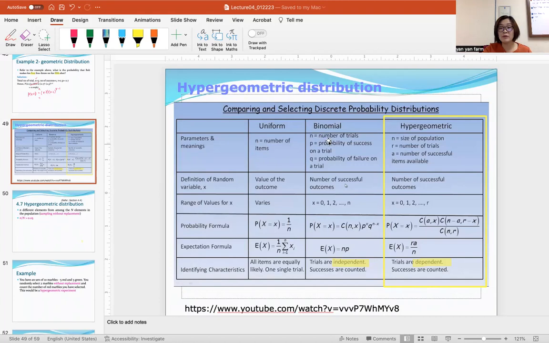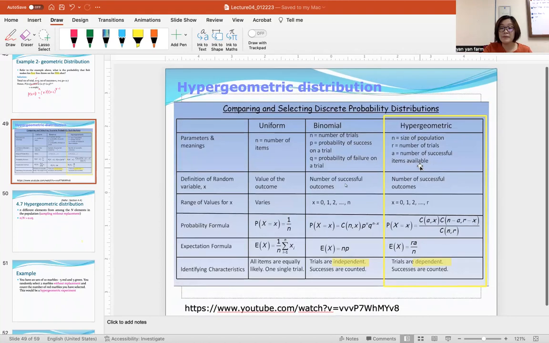If you look at the binomial, n is the number of trials, p is the probability of success, q is the probability of failure. So for hypergeometric, N is the population size, n is the number of trials, r is the number of successes. The difference, like I mentioned to you, is they are dependent.